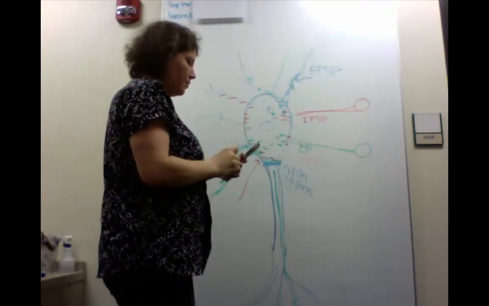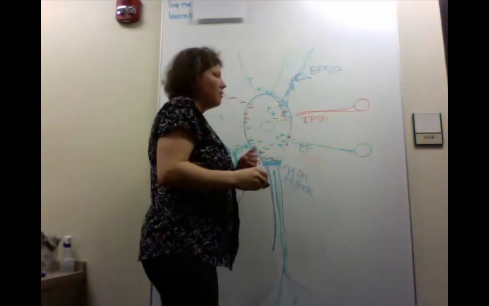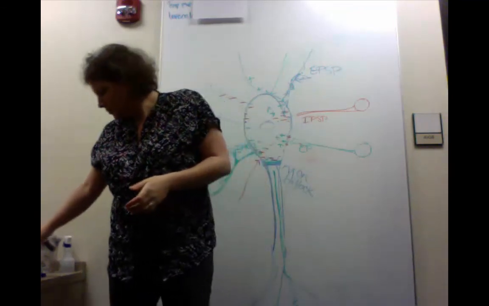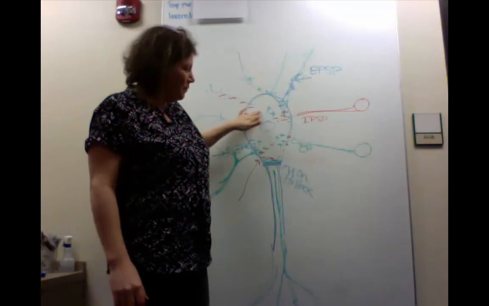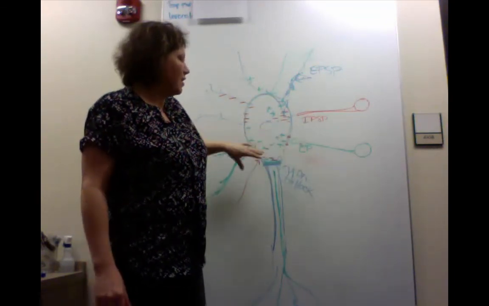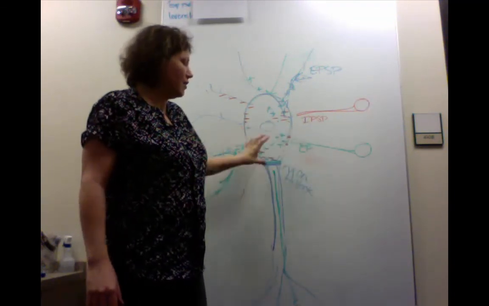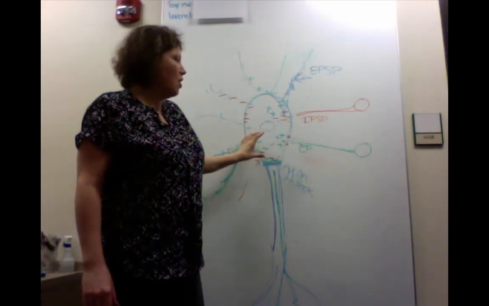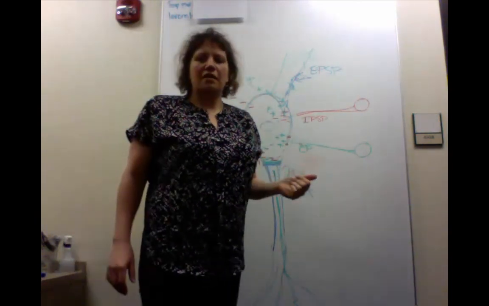And that is the basics of EPSPs and IPSPs, and how they sum across time. And the relationship is really important. The incoming information that's right near the axon hillock can have a much greater impact on whether the neuron fires or not than those coming in here. And I guess that's it for now.